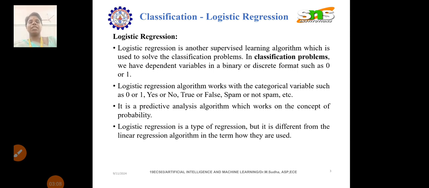So either this or that, that is the probability. Logistic regression is a type of regression, but it is different from the linear regression algorithm in terms of how they are used. We have discussed the difference between linear regression and logistic: linear is continuous, logistic is discrete.